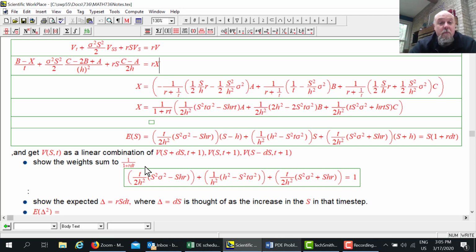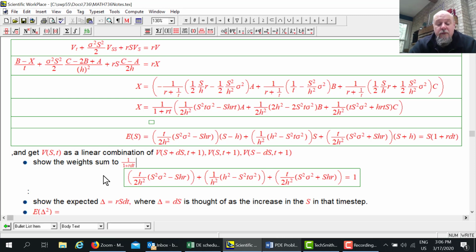So maybe this is a better way to discretize. Is the other way wrong? No, because all of these are approximations of what's supposed to be a continuous function. So we can discretize it one way, or discretize it another. This at least preserves that time value of money factor. So maybe that's a good idea.